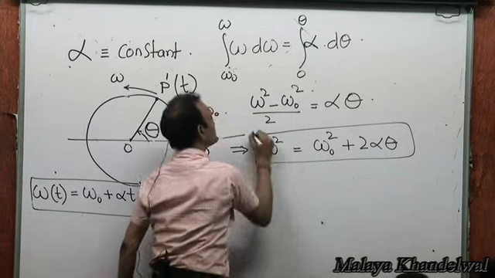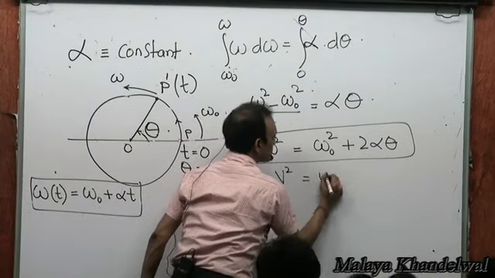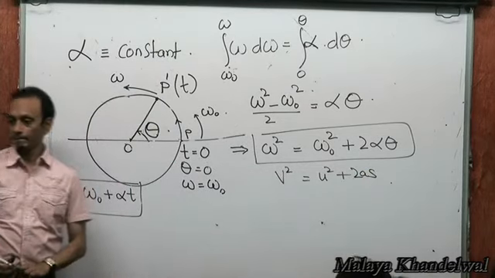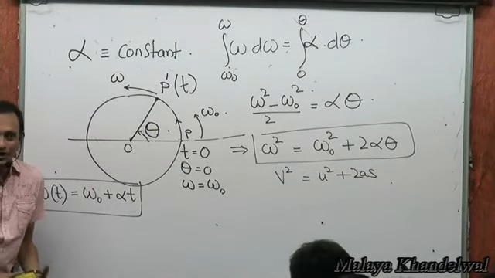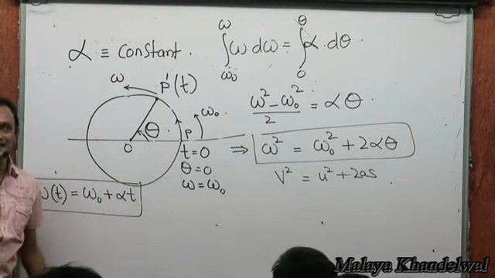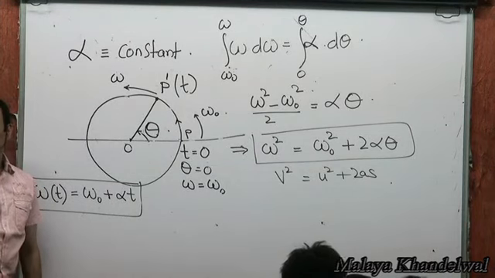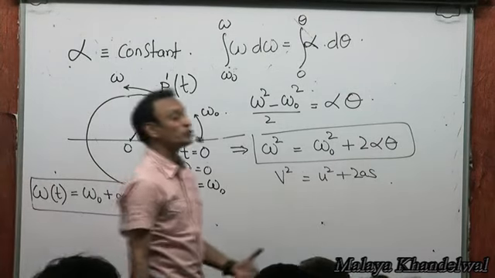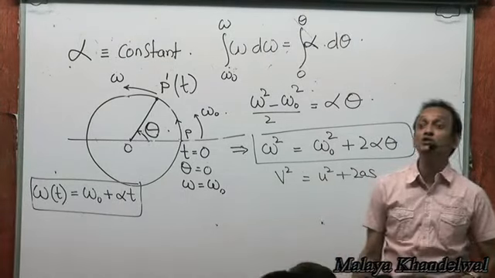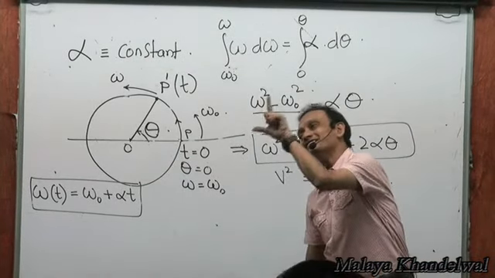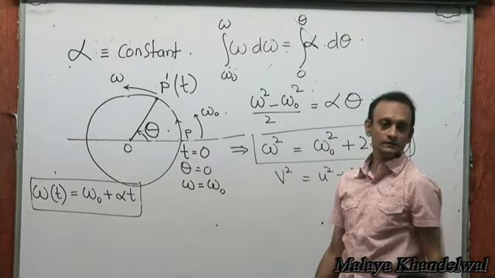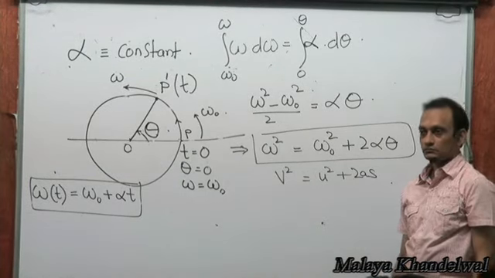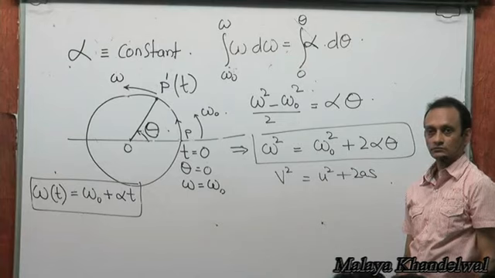And the equivalent is v squared is u squared plus 2as. So it will not be difficult to recall these, because the equivalence is set for us, right? Clear? So these are the equations of motion for non-uniform circular motion, but with constant angular acceleration alpha. All's fine.